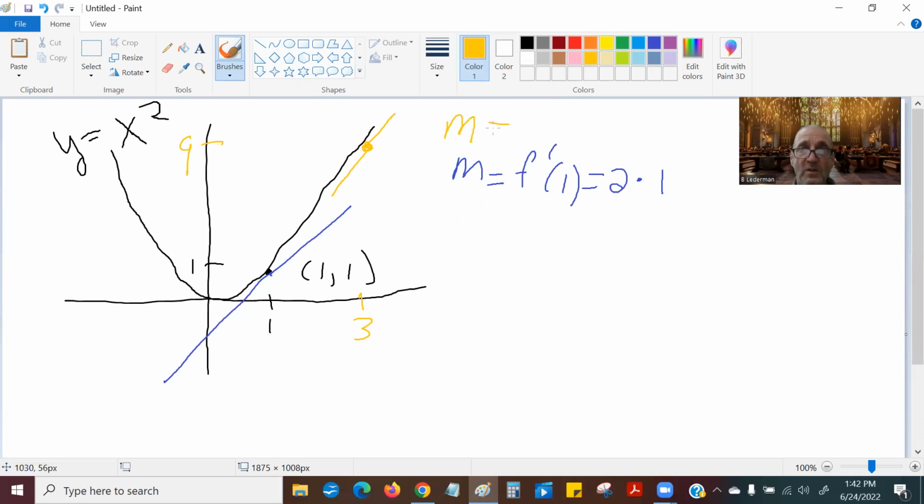The slope is going to be f prime of 3, not f prime of 9, so it's 2 times 3, which equals 6. So the slope of this tangent is 6. The slope of the blue tangent is 2. That makes sense because the parabola is curving upwards, so the slope keeps going higher, steeper.